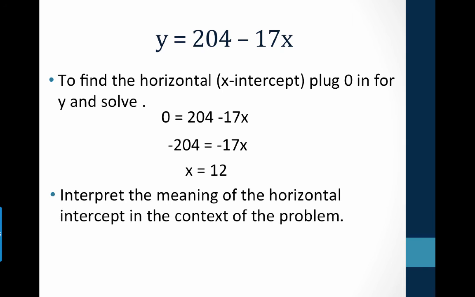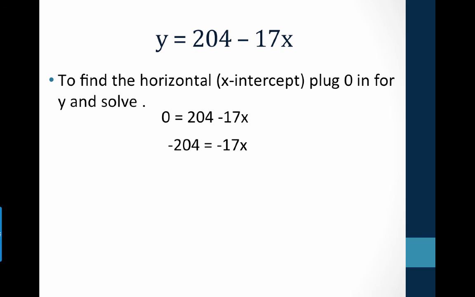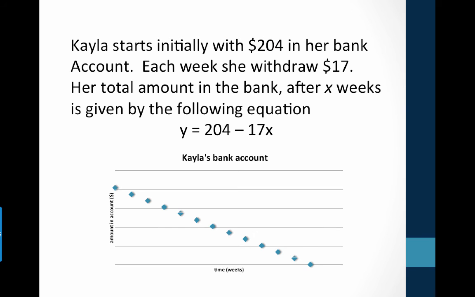So then you're asked, interpret the meaning of the horizontal intercept in the context of this problem. Well, if we think back to our little visualization, we plugged in 0 for y. That means we're looking at this point right here on the x-axis.